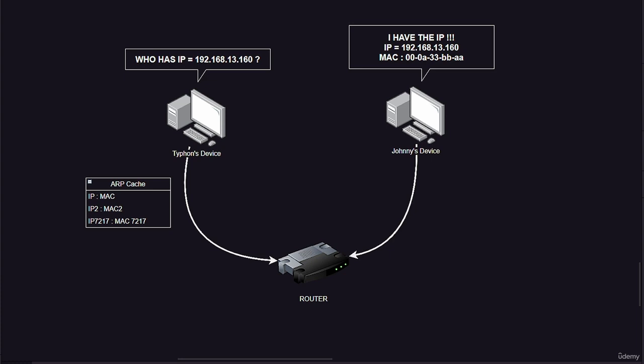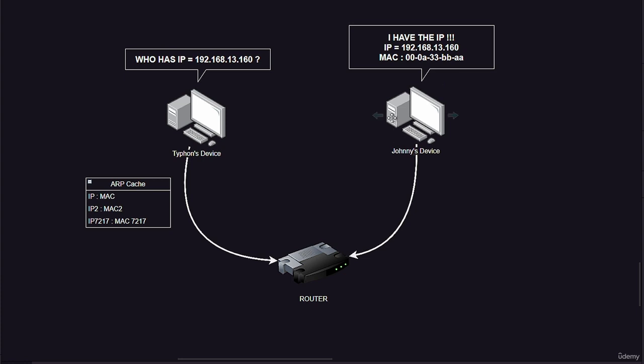In this case, the router is going to find Johnny's device, and after that, Johnny's device will send a signal back. Since we are asking who has this IP address, in this case it is Johnny's device.